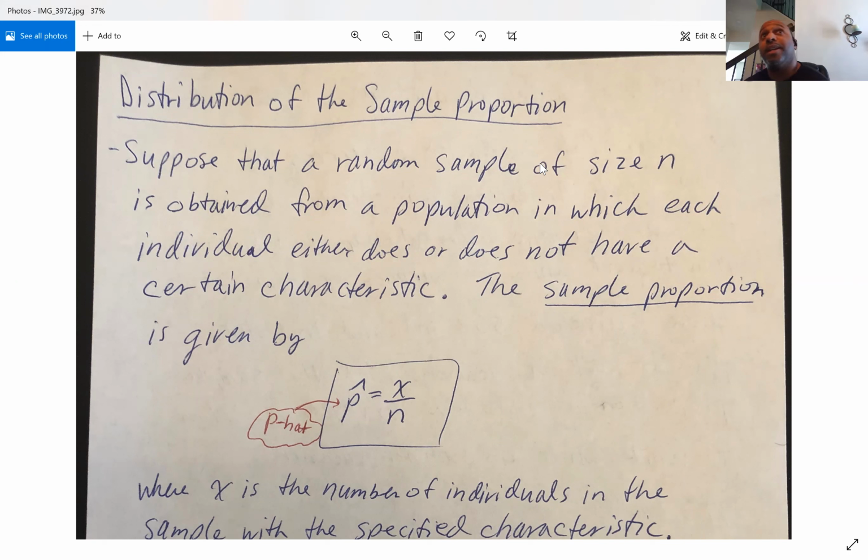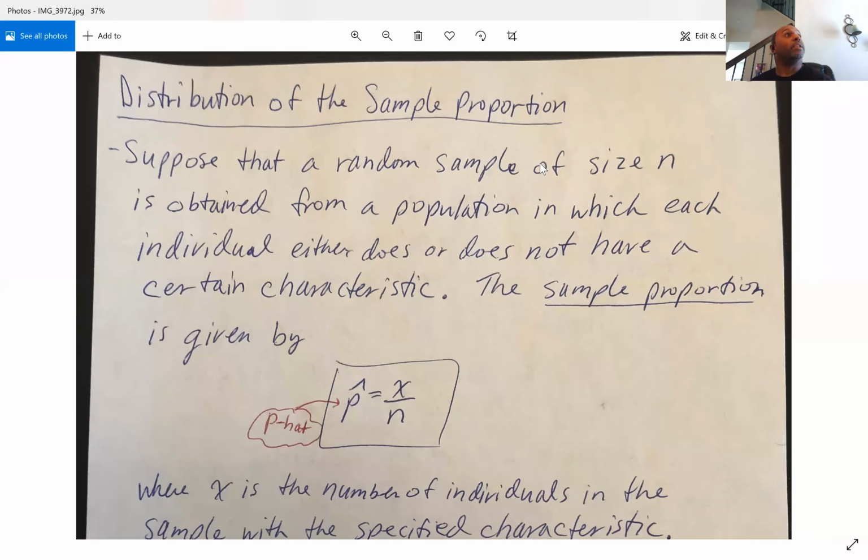If I had even thought about that, I probably wouldn't have gone through stuff, I just went ahead and did 8-2. But 8-2 is distribution of the sample proportion. Suppose that a random sample of size n is obtained from a population in which each individual either does or does not have a certain characteristic. The sample proportion is given by p hat is x over n.